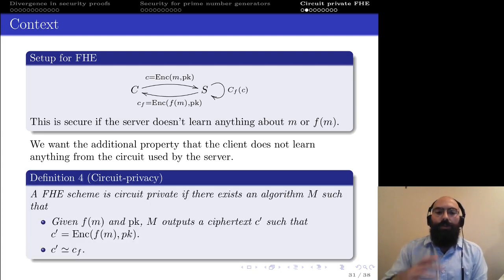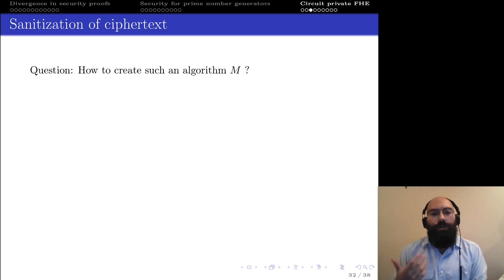So this is called circuit privacy, and you say that the scheme is circuit private if there is a way, given f of m and the public key, to create a ciphertext that will decrypt to f of m, such that the output distribution is statistically equivalent to the one from the circuit used by the server. If you manage to do that, then there's no way for the client to learn anything from the circuit used by the server. So the question is, how do you create such an algorithm?